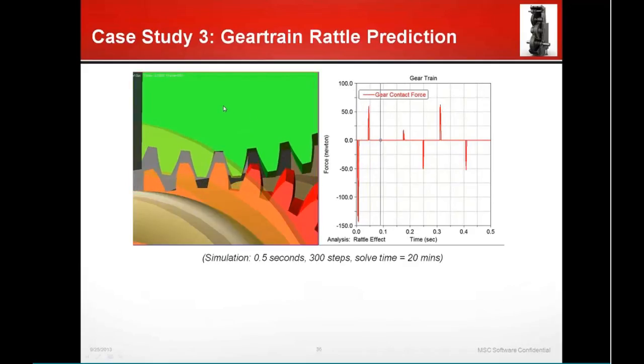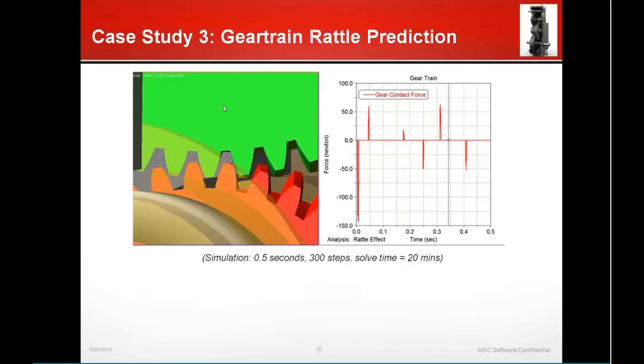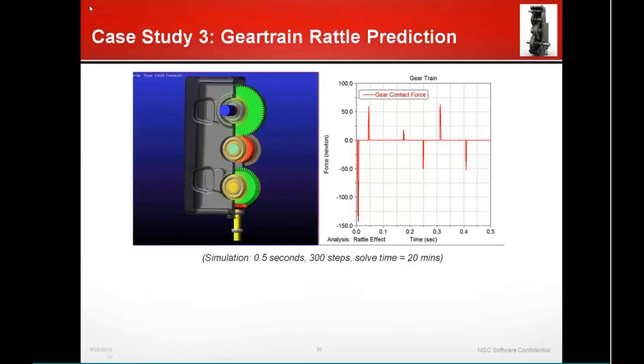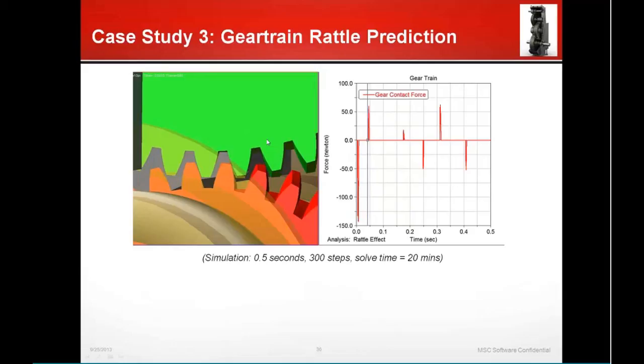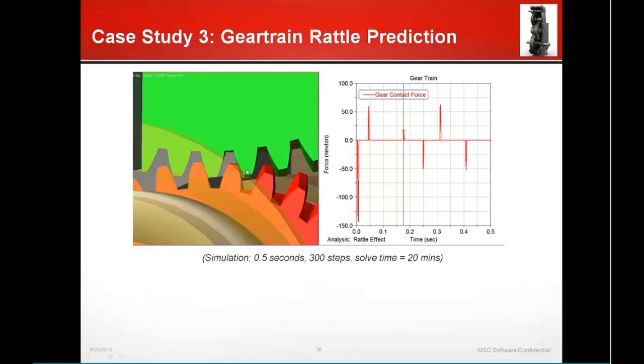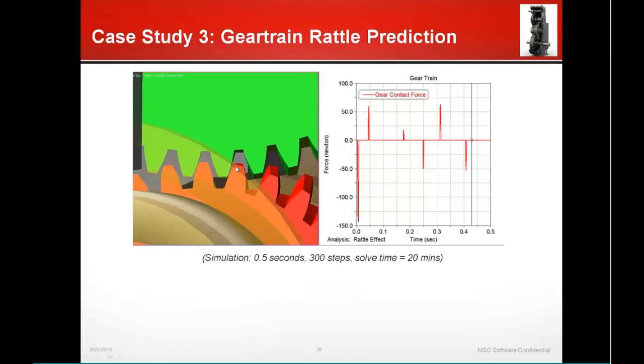And we have also identified the damping coefficient and the inertia of the driven gear here. If you take a closer look at this animation, you can see that there are rear and front contact between the driven gear and the driving gear.